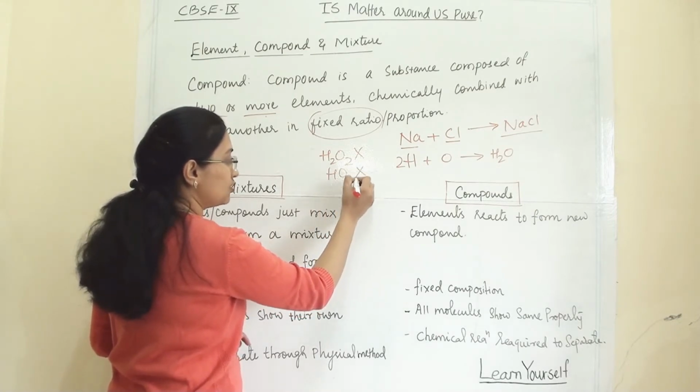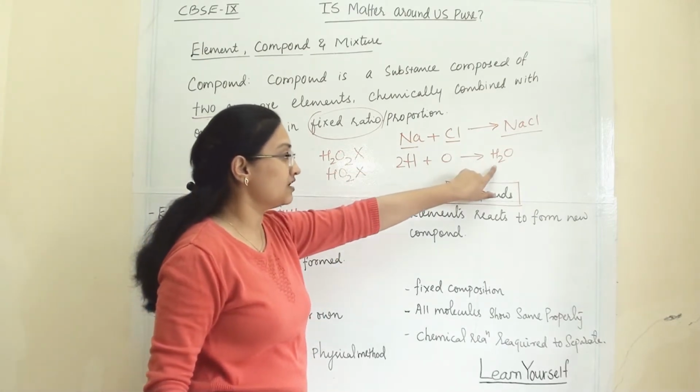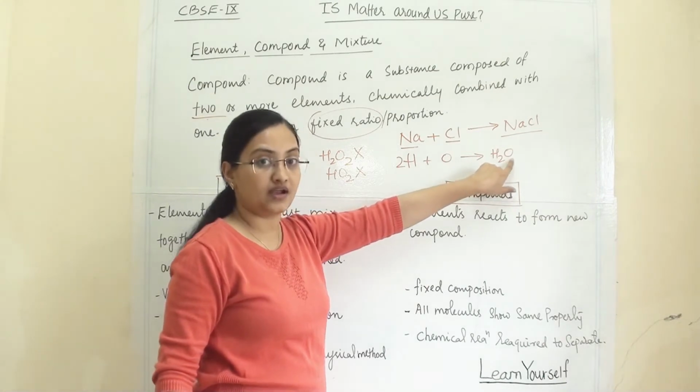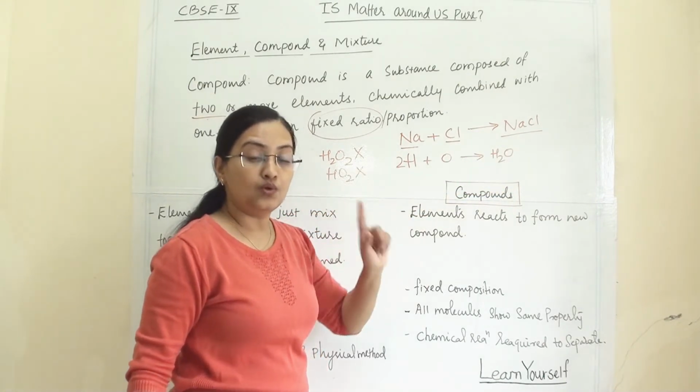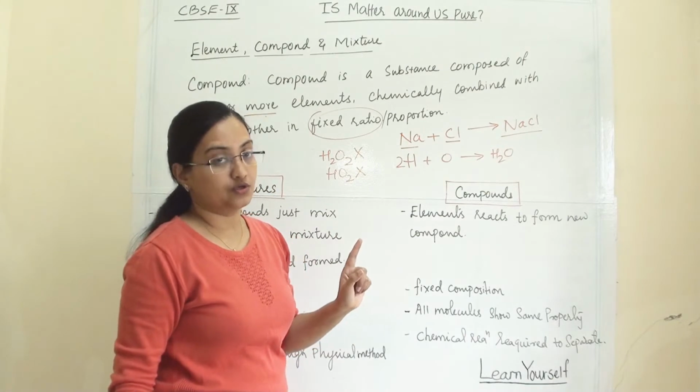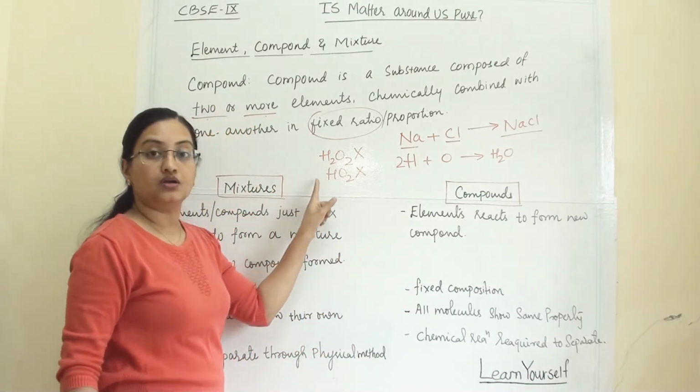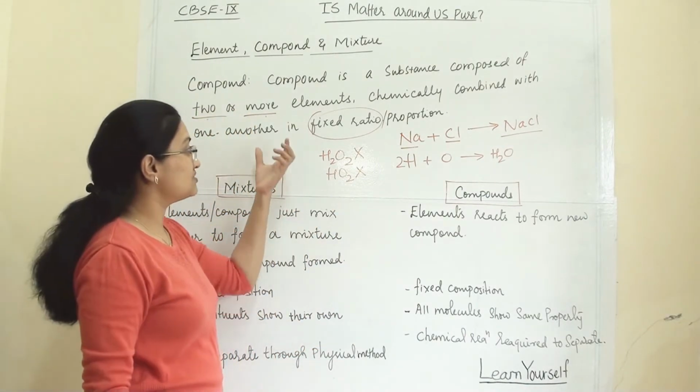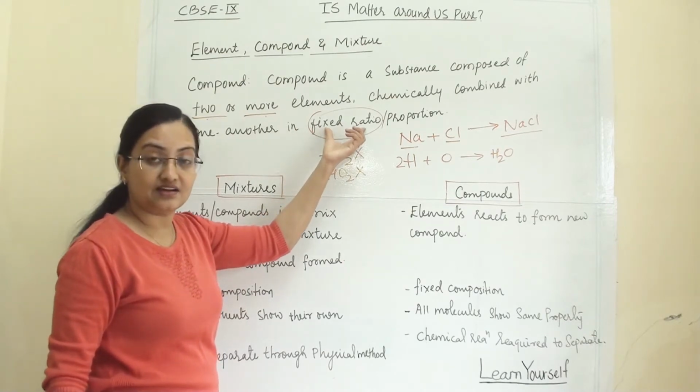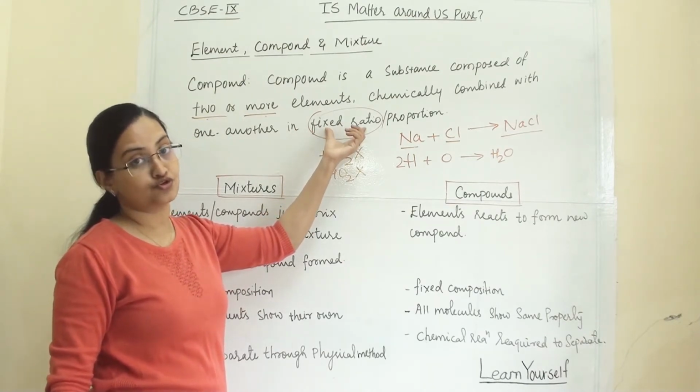HO2, then this is not water. Only two atoms of hydrogen and one atom of oxygen will make a water molecule. These two are not water molecules. So it is very important that their ratio or proportion should be fixed.